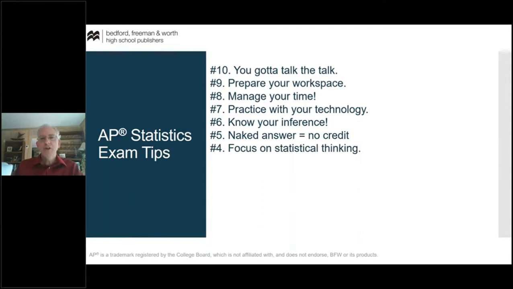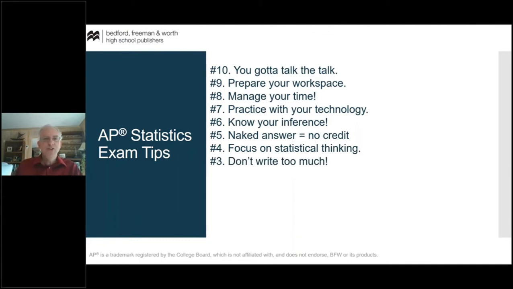Number 4, as we're coming down the home stretch, focus on statistical thinking, not just how to do things, but what the underlying idea is behind what you're doing. You can rest assured that the question writers have been creative in trying to figure out how to assess what you've learned, and they do want to see things that you've learned, as well as to identify any of those weak spots.